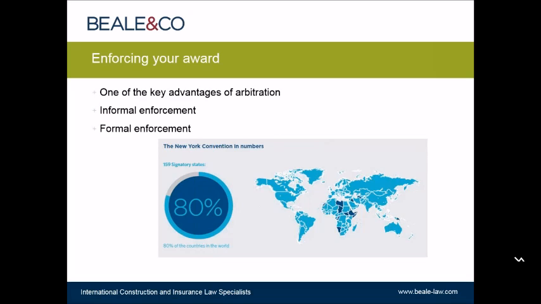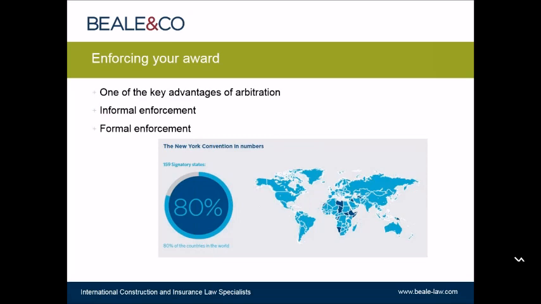This is why an important consideration when drafting your arbitration agreement is to check whether the country that you are choosing for your seat of arbitration is a signatory to the convention.